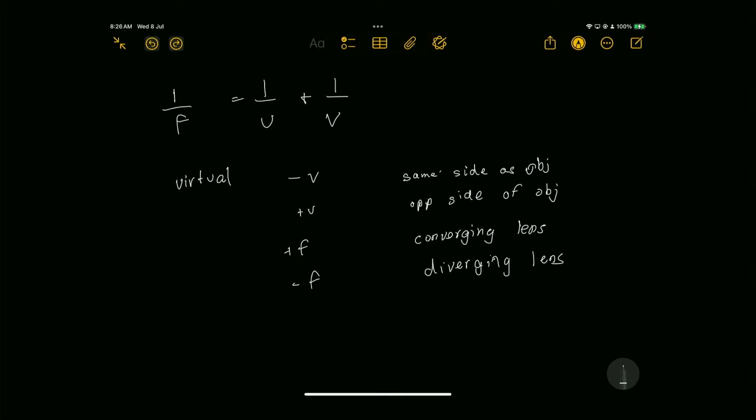Right, so let's say we had an object placed 15 centimeters away from a lens that has a focal length of 50 centimeters.